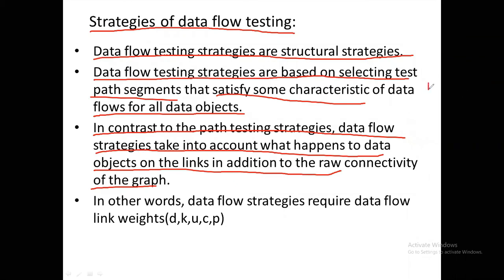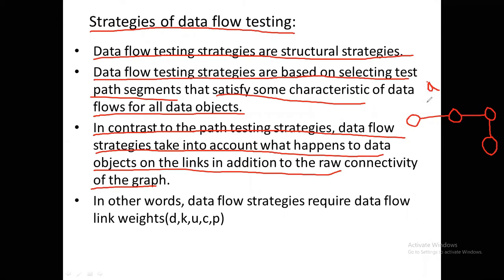For example, if I define a variable a, I draw one path test. Now in this path testing you are going to specify what happened to this variable a, data object a.